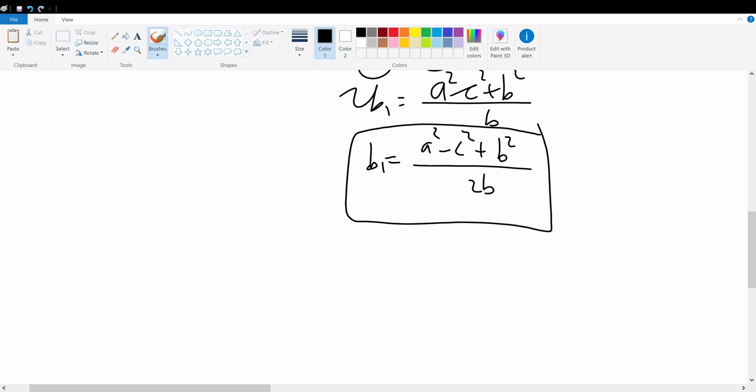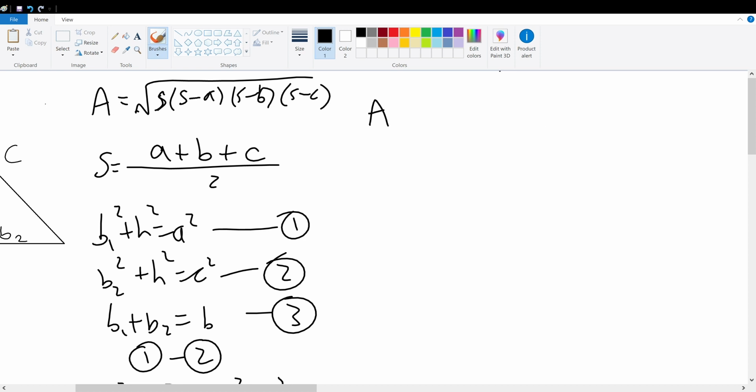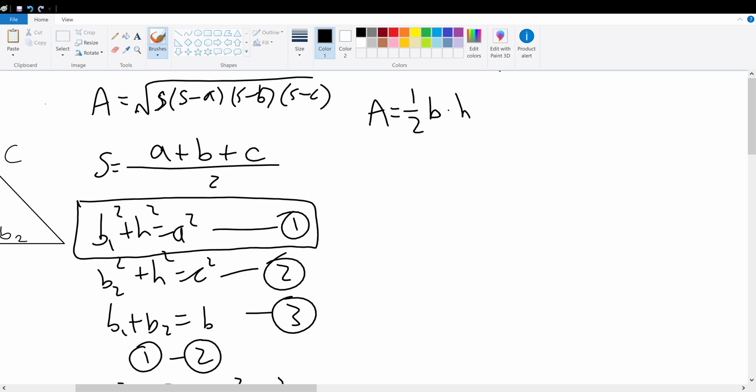We've written b1 in terms of a, b, and c, which we're going to be using for a triangle's area formula, which states that the area of a triangle is equal to half multiplied by its base multiplied by its height. We can find the triangle's height through equation 1, but we use equation 1 and not equation 2, as it also has the h term in it, because we want to write h squared in terms of b1 squared, which has been defined through the side lengths of a, b, and c previously.